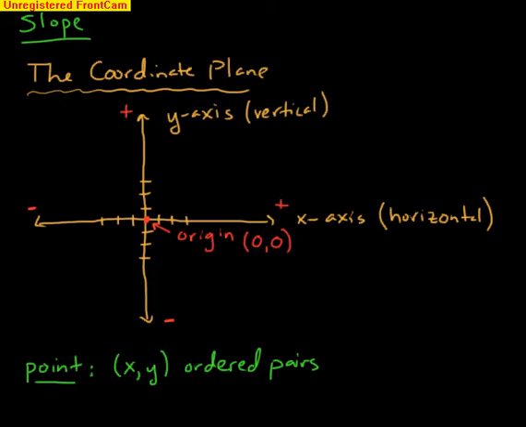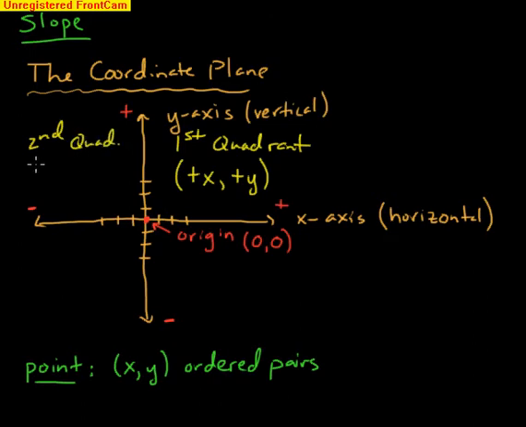Now, in each quadrant, each space, there are certain points, x and y values, that go in each quadrant. So this is called the first quadrant. In the first quadrant, notice that there are positive signs around your axes. The x coordinate is going to be positive, and the y coordinate will also be positive. In the second quadrant, your x coordinates will be negative and your y coordinates will be positive.